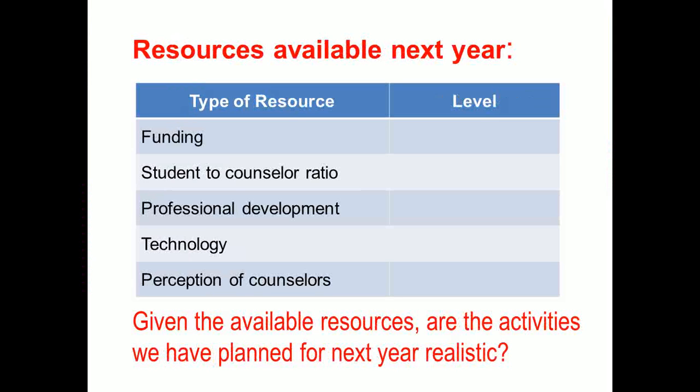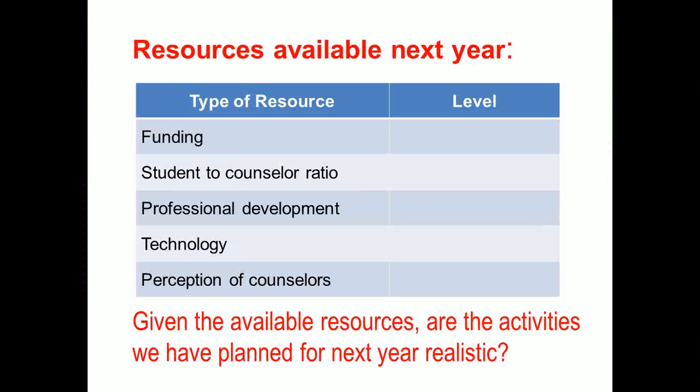Or this may be a last chance for you to say, to do this well, I really need to go get some training in helping reduce bullying. So it may be that you need technology.